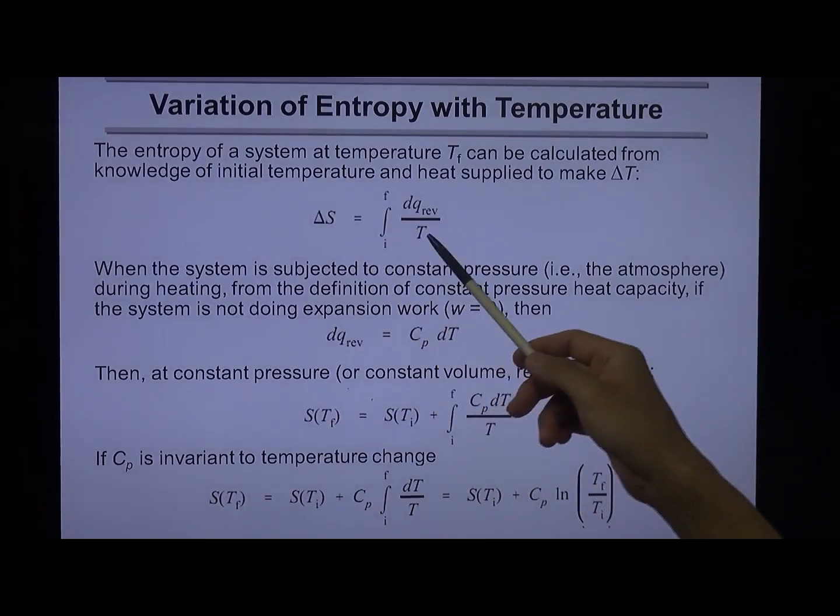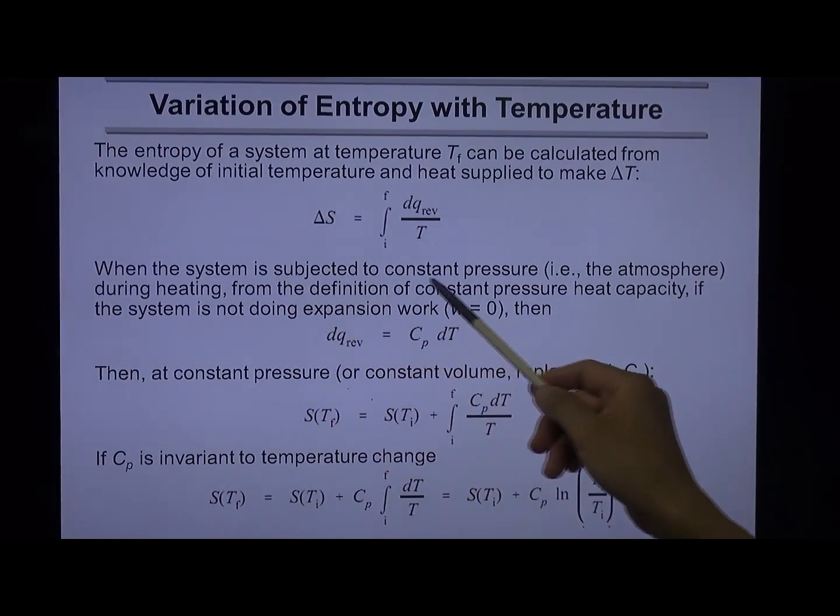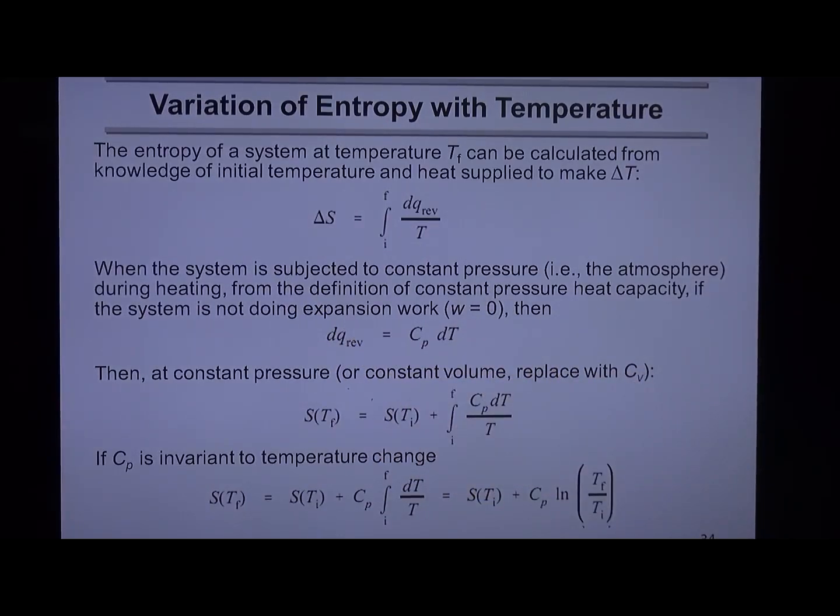Delta S is the integral of dq reversible over T. We assume that the system is subjected to constant pressure. The process is a constant pressure process. Then the Q reversible should be equal to Cp dT.